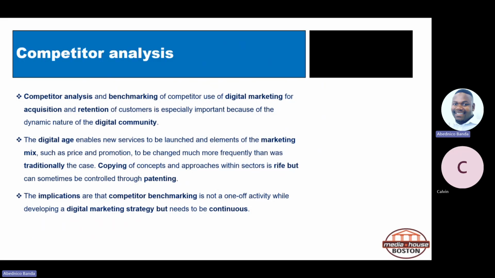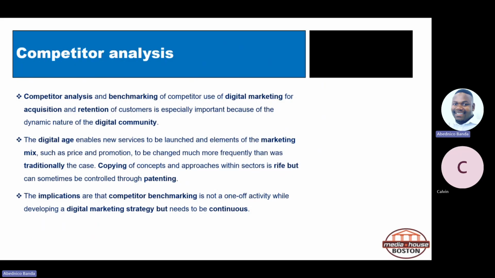It's always crucial. So the digital age enables new services to be launched and elements of the new marketing mix, such as price and promotion, to be changed much more frequently than was traditionally possible. Copying of concepts and approaches within sectors is rife, but can sometimes be controlled through patenting.